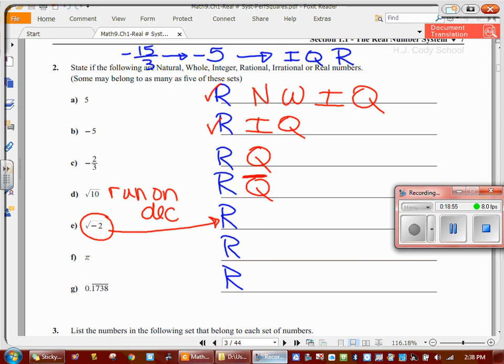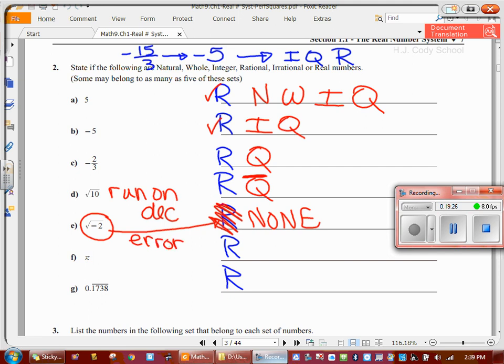So this one, I put the R there as a distractor, but this guy belongs in none of them. Yes, by process of elimination, you got it right. It belongs in none of them because of the negative sign under the square root. That's why. It's because it's an error. Whenever your calculator gives you an error, it's none of the real number system.